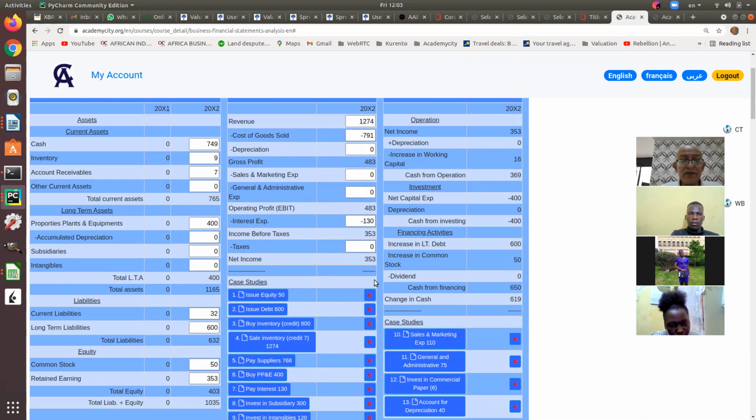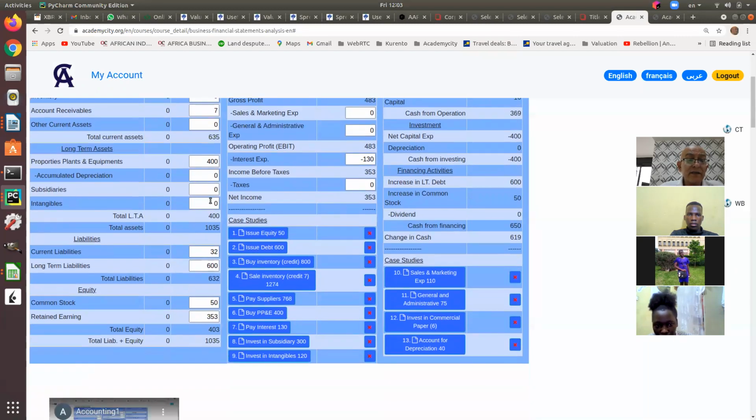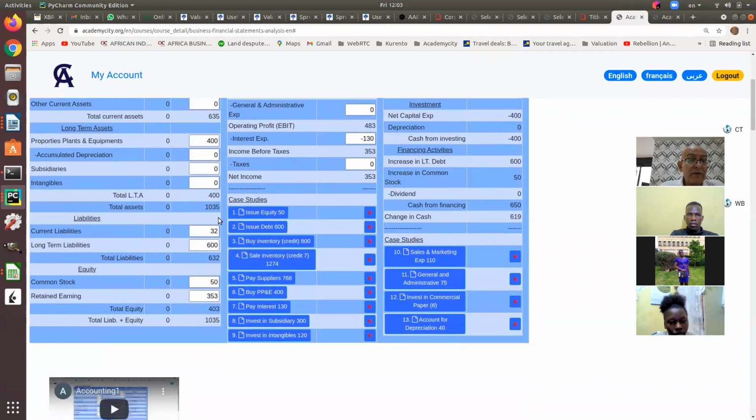But I would like you to look at one more aspect. When my cash goes down by 130, I will now have 619. I will have less cash, less assets. By the way, how much do I have?